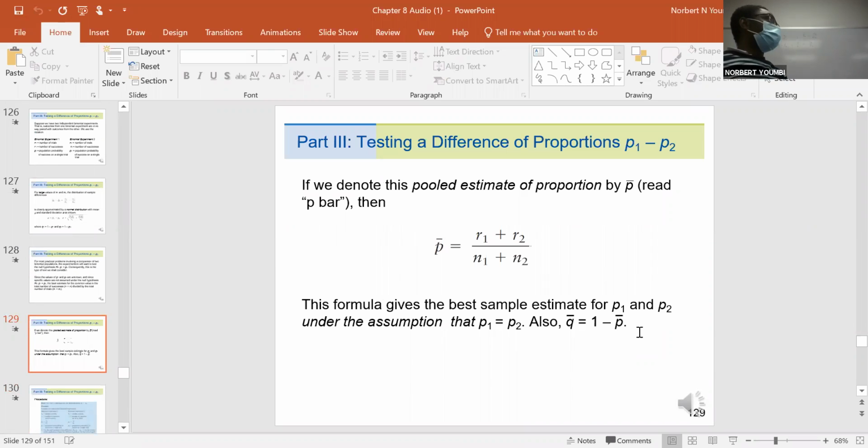For proportions, we are going to do something that we have not done in confidence intervals for hypothesis testing.